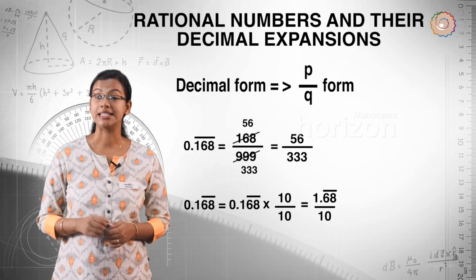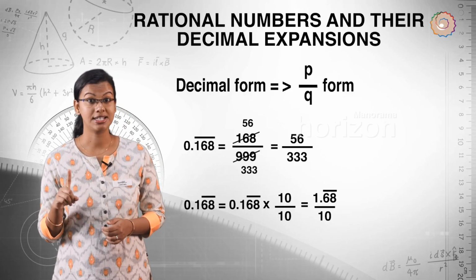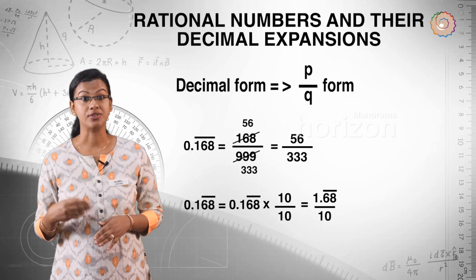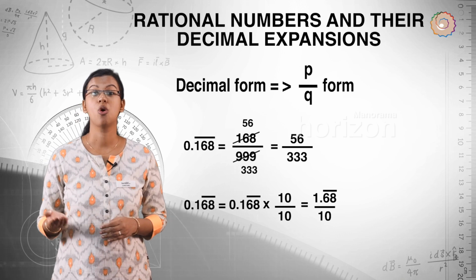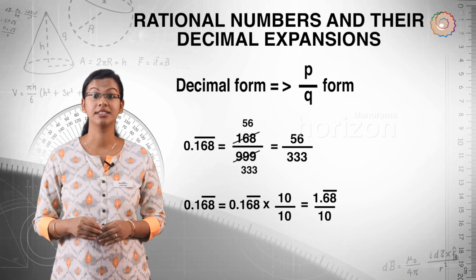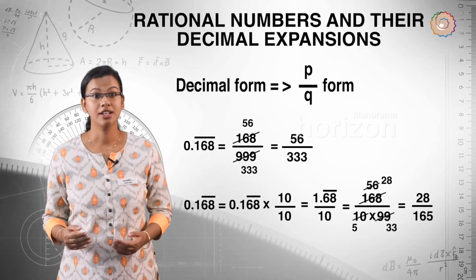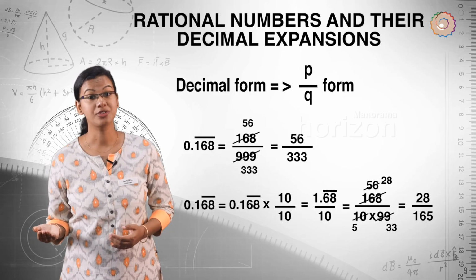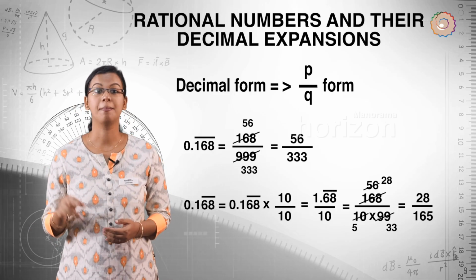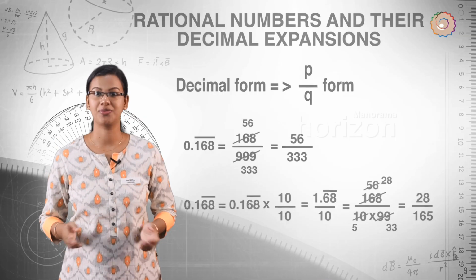And if only 68 is repeating, as only one digit after the decimal point is not repeating, shift that decimal point one digit to the right, that is multiply the numerator and denominator by 10. Then for the repeating digits, after removing the decimal point and bar, we divide them by 2 nines as the repeating digits are 2, and simplify it.